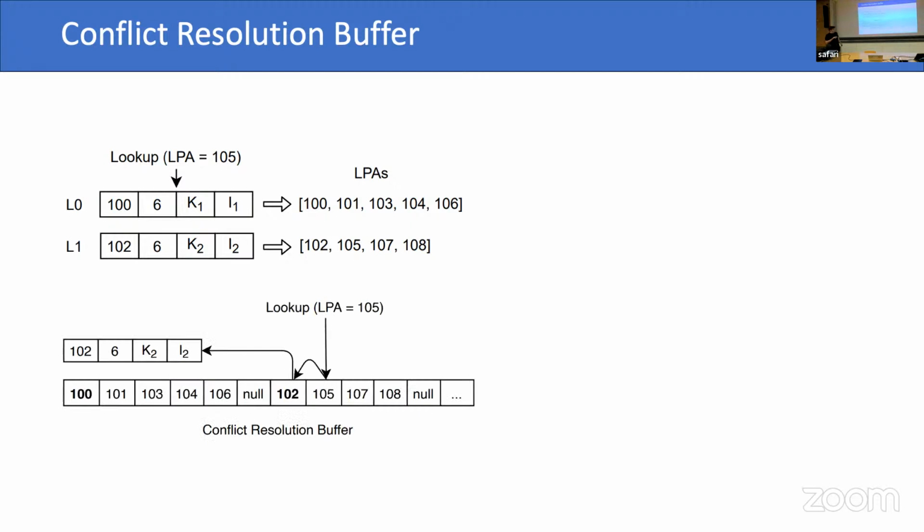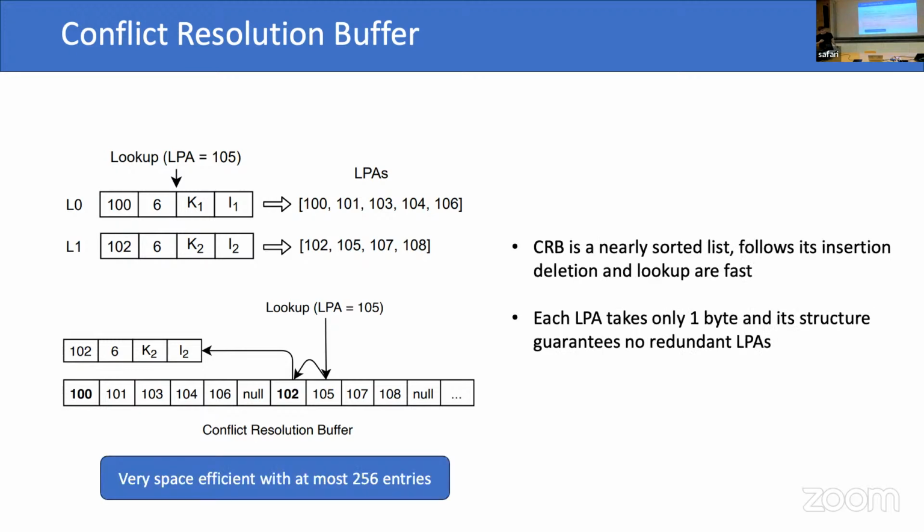So we have a new storage method in which every time we anchor on an approximate segment, we add it to this array, and it stores every LPA of the segment, one after the other. This is a nearly sorted list, which means it is sorted by the first LPA of the segment.